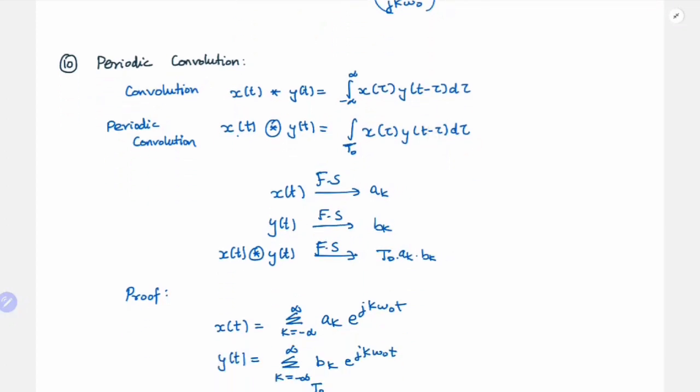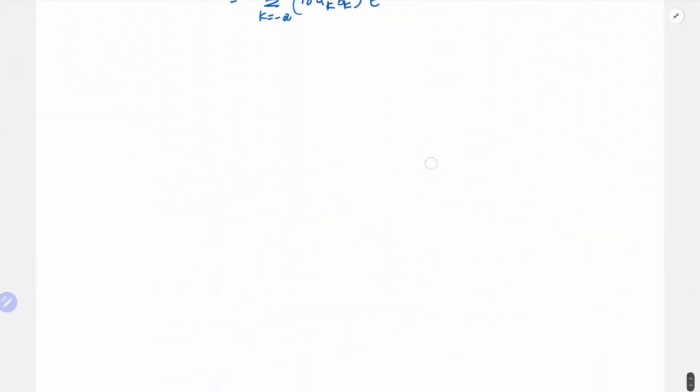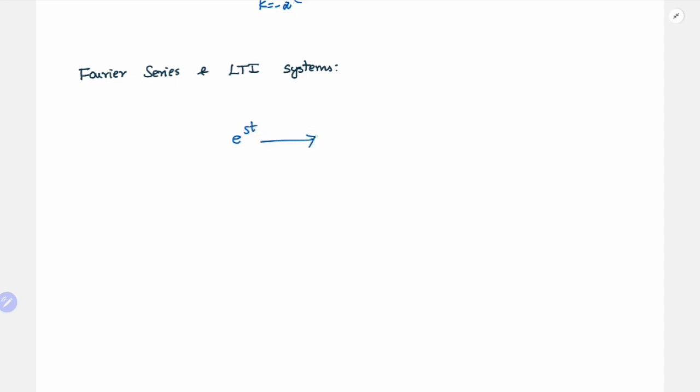Okay. So now let us go ahead and see the relation between the Fourier series and LTI systems. So we already saw when we pass e power st, the complex exponential, through an LTI system, it turned out to be an eigenfunction of the LTI system, and we got some h of s into e power st. Right?